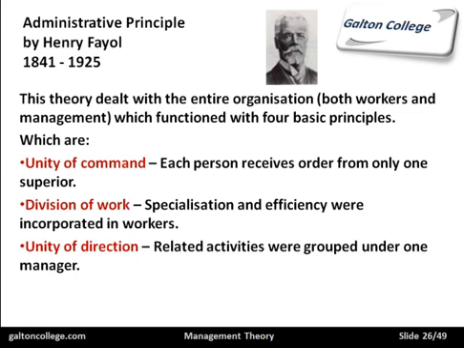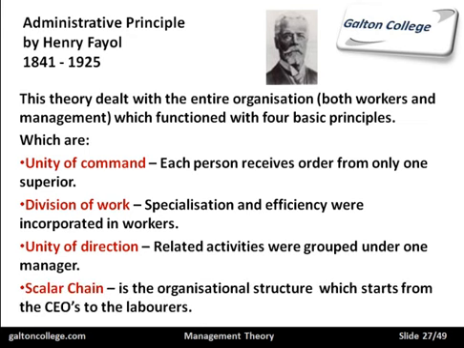There's unity of direction. Related activities were grouped under one manager, which makes sense. The manager would probably have an expertise in looking after a particular function. If similar functions developed or were broadly in line with that one, then the chances are they would take on those functions as well.